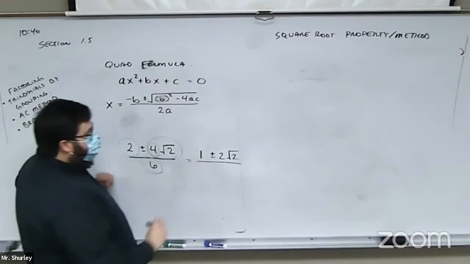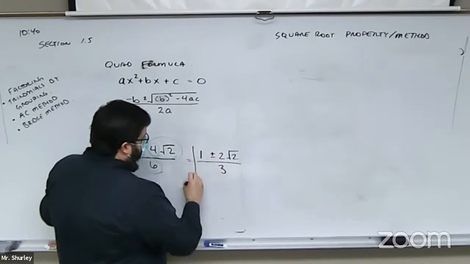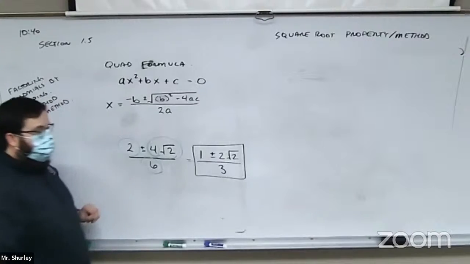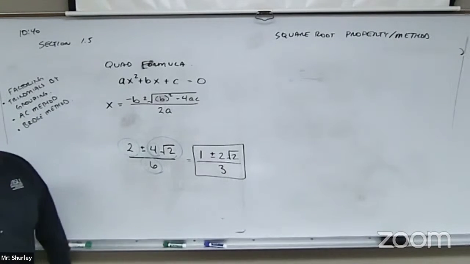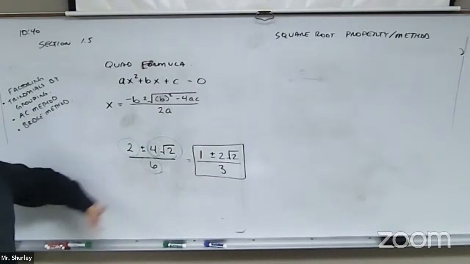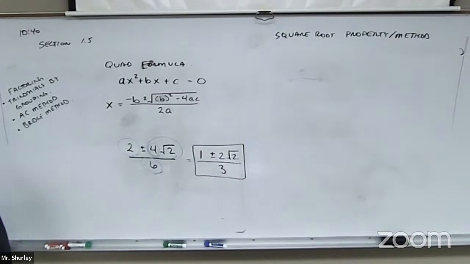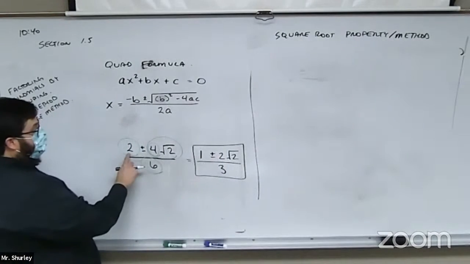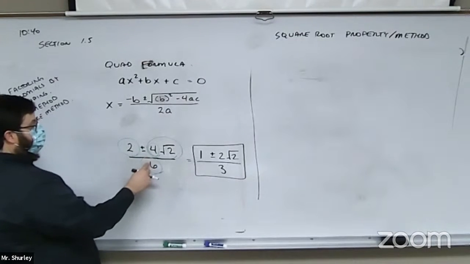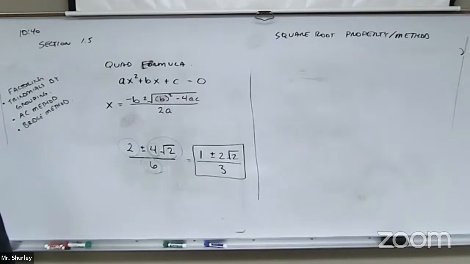And then 6 divided by 2 is 3, okay? That's one thing that can happen when we start working on these. And if you think of it as 3 parts, where something has to divide into all 3 parts, it'll really help you get to the final answer correctly, okay?